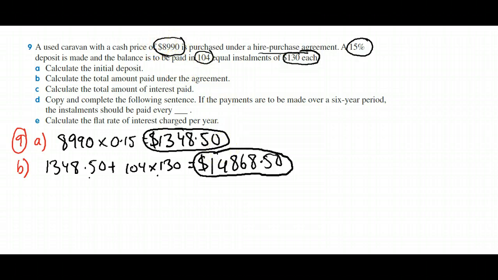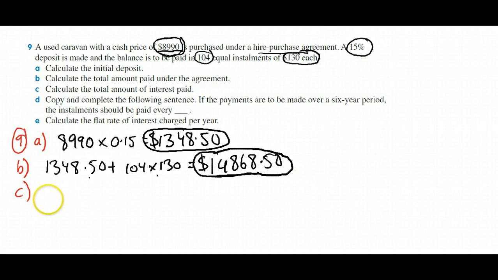If we had the money to pay up front, we could have got it for much less, almost $5,000 less. In part C, we've got to calculate the total amount of interest paid. Okay, now if this was what we actually paid, and this is what the cash price would have been, the straight up price, then the difference is the interest. The difference is what we're being charged for that delay in payment.